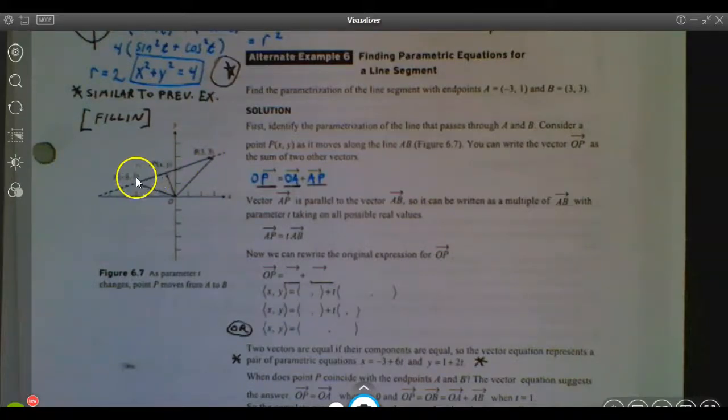It runs the same direction, but it's either shorter or longer than AB. If we multiply AB by any kind of variable, it becomes AP. This is the key step: we want to replace AP with a scalar multiple of AB.